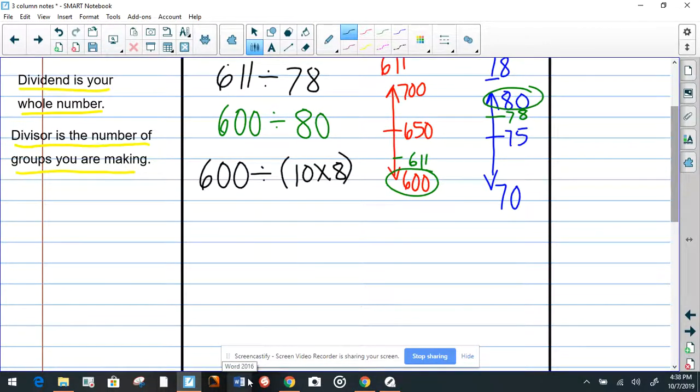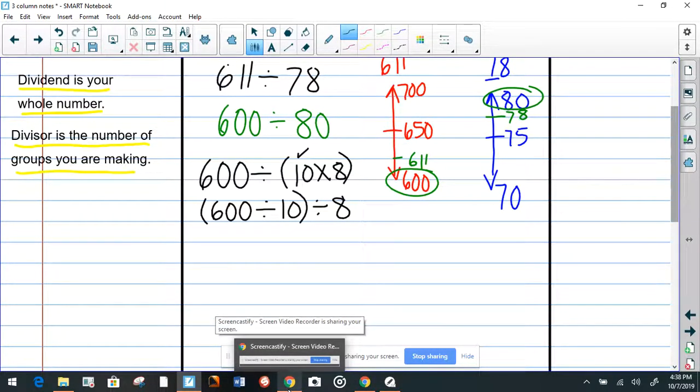So now we're going to create a division with one of those factors. It's going to be 600 divided by the first number, 10. And we're going to close the parentheses. And whatever is outside, the 8, has to divide the quotient of that division.